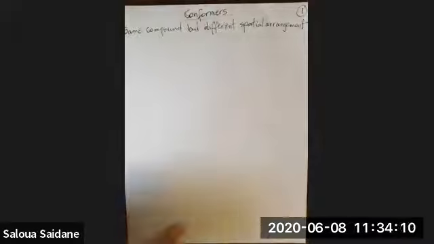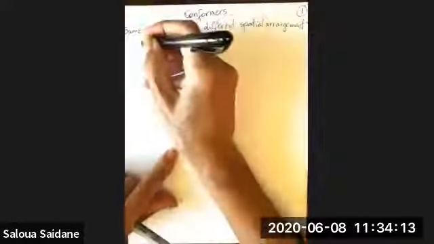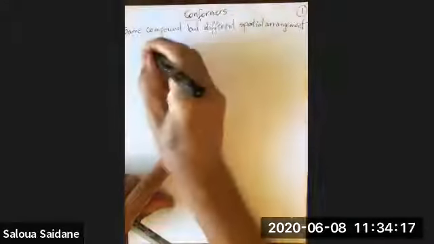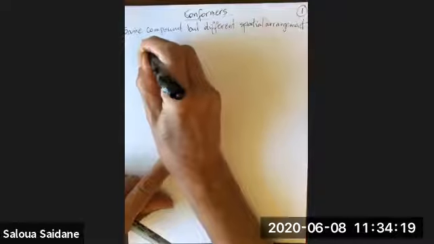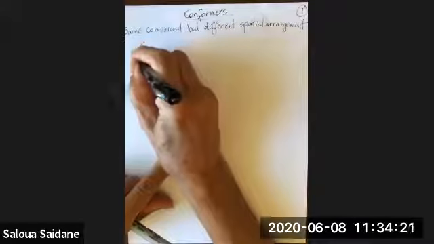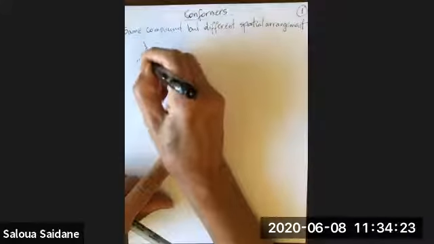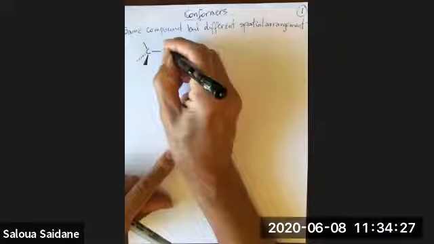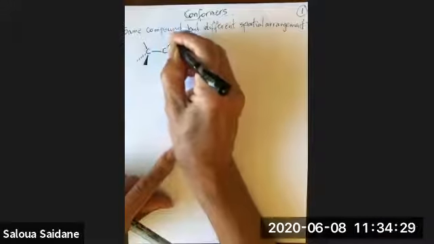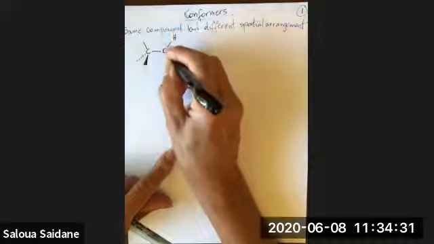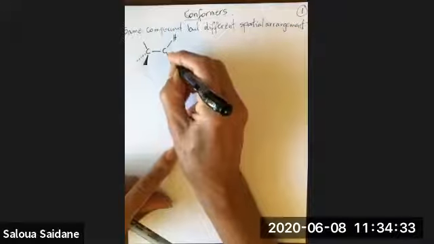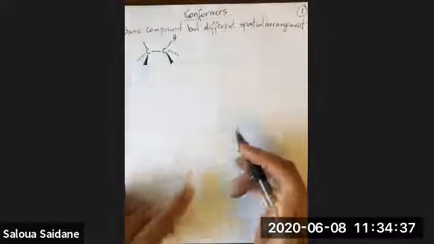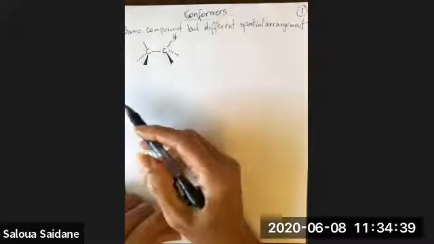Let's look at ethane. So ethane is CH3CH3. The way we can represent it is a perspective representation. We know that ethane has CH3CH3, which means each carbon is sp3. So we learned in general chemistry that each carbon is tetrahedral.